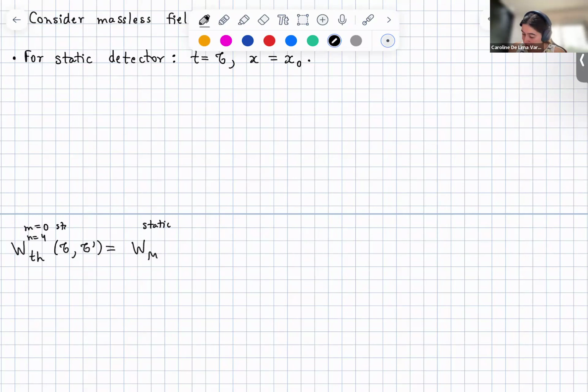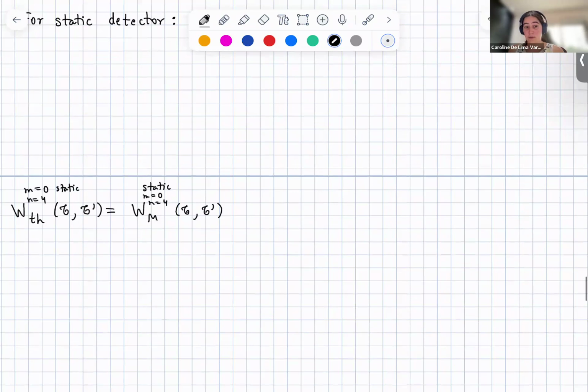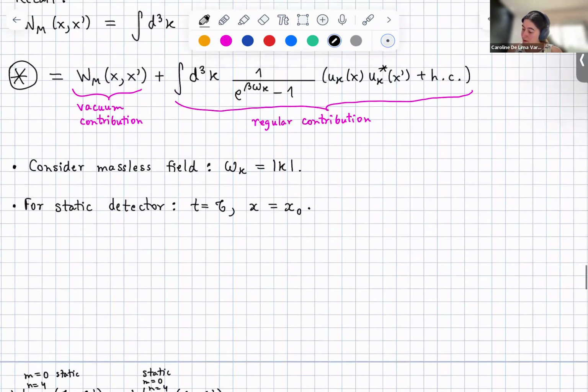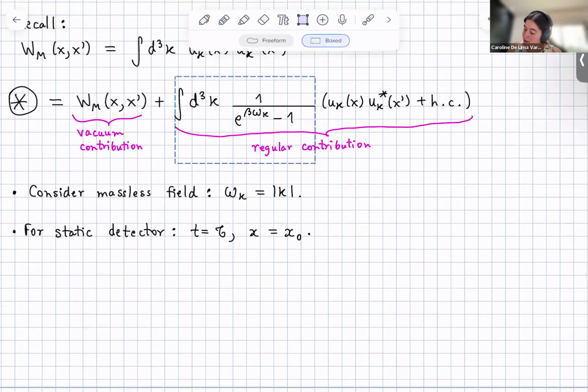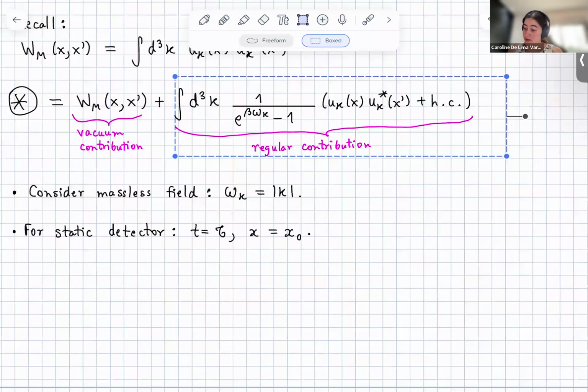Let's write static here as well. I'm just going to plug my trajectory into that Wightman function that we computed in the beginning of the lecture, and then compute this other part along this trajectory.